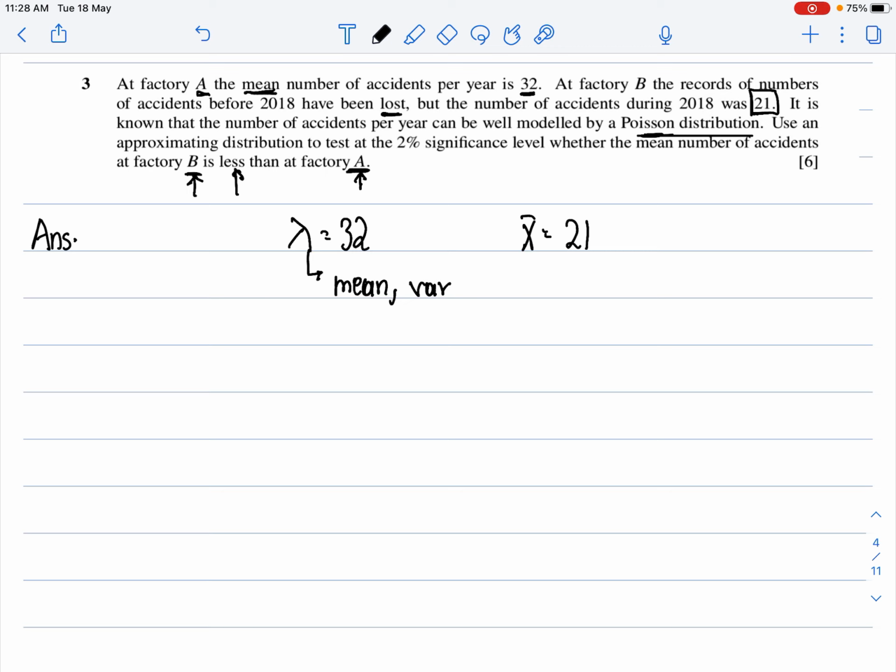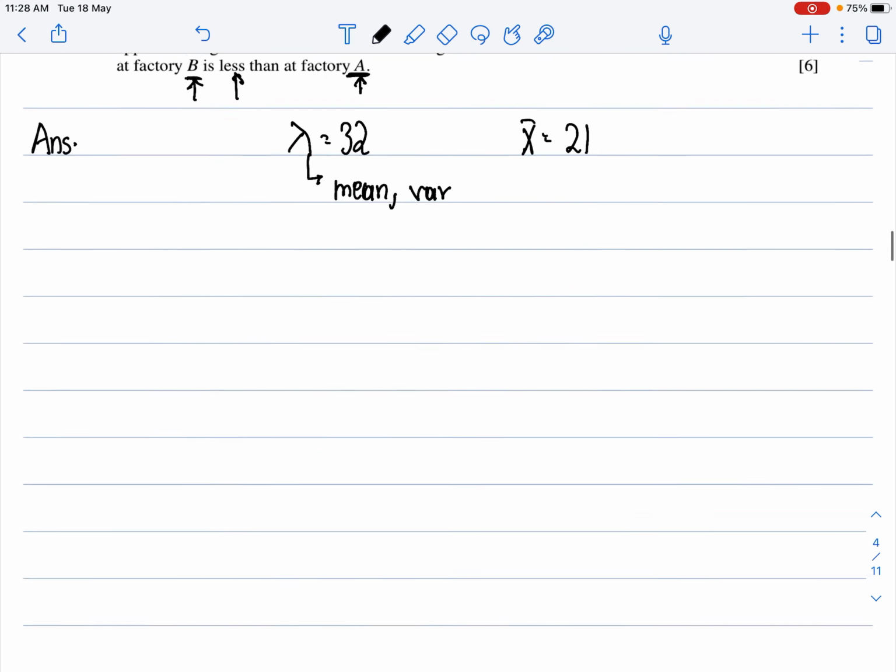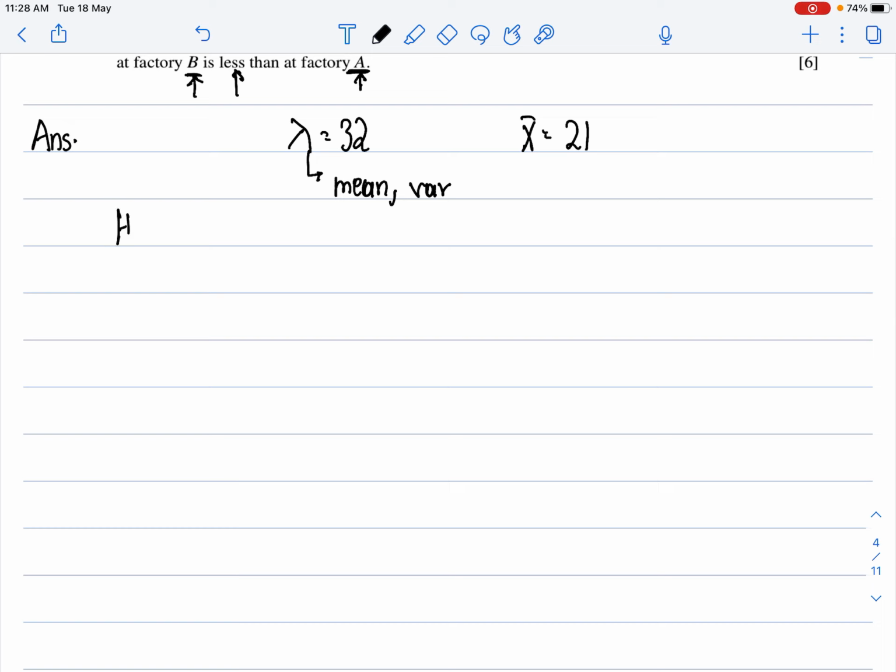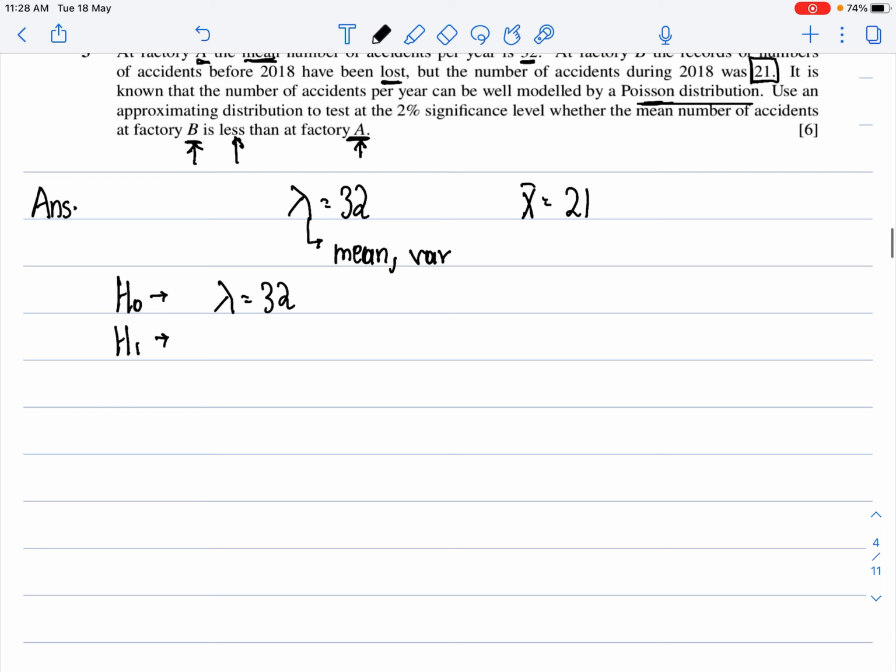So to test this, my null hypothesis is that lambda equals 32, and my alternative hypothesis is that my lambda has decreased, because B is less than A.